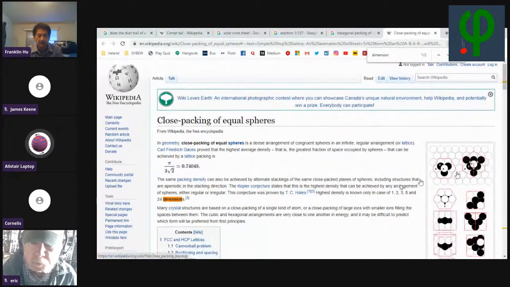Here we go. Look at highest density is known only in the case of 1, 2, 3, 8, and 24 dimensions. What that's trying to tell you is, if you were to kick it here, see, these two would want to split apart and let that one through. But if you were to kick this direction, your toe's going to hurt. You see the difference?